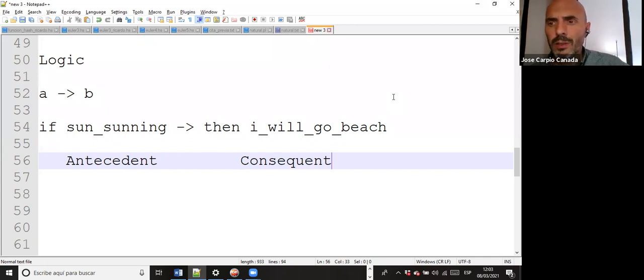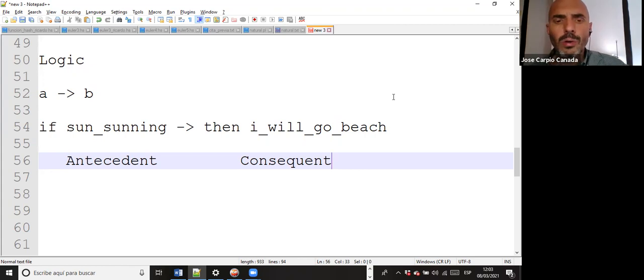I have no information about what will happen tomorrow with the sun. I can't say whether Florian will go to the beach or not. Only I will know if tomorrow the sun will be shining. This is a basic concept of a logic rule.